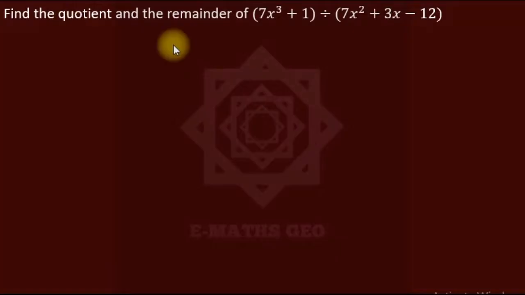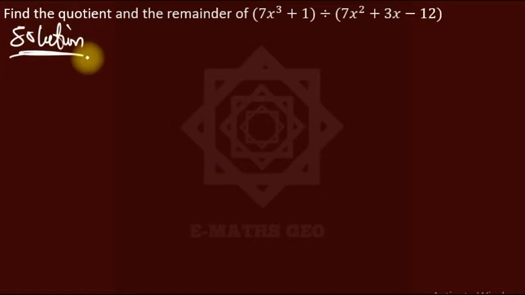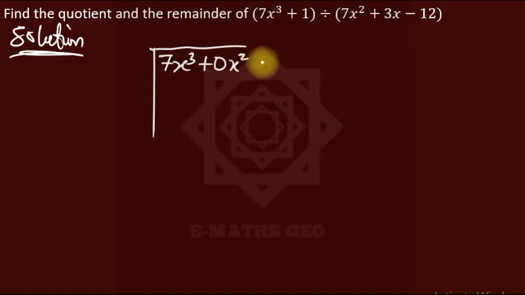Let's find the quotient and the remainder of this divided by that. So we use our long division method. We'll place our dividend inside. But while placing, if you notice, the highest power is 3 and we have a constant, so we need to write the coefficient 0 to avoid making mistakes.